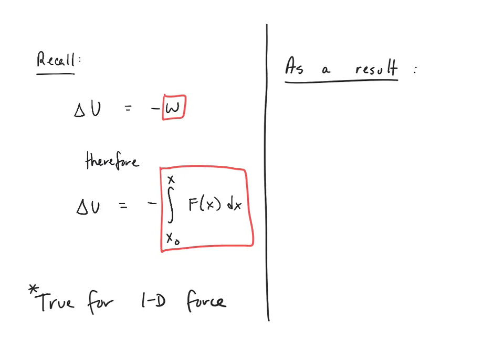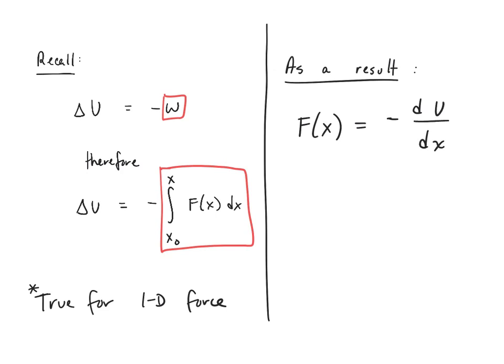So, as a result of this, we want to make a couple statements. And these statements are going to allow us to do a good job of reading what are called potential energy graphs, which is part of the AP exam. If the change in potential energy is equal to the negative integral of force, then what we'll end up getting is that force, F of x, is going to be equal to the negative derivative of potential energy with respect to position.